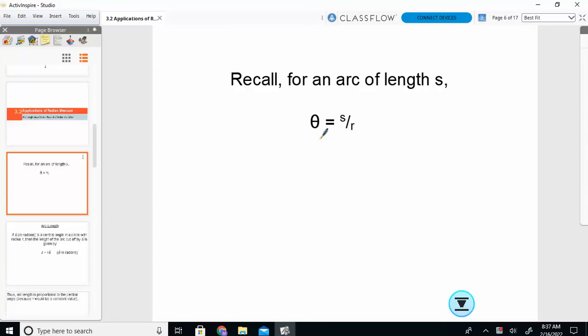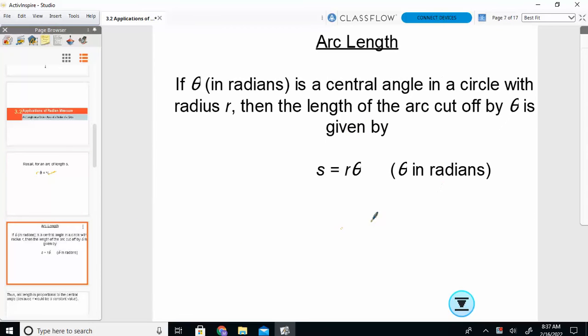So if we want to multiply over the r, we get the first important formula for today, your arc length formula. Arc length, meaning distance around the outside of the circle, is r times theta. So S equals r theta.